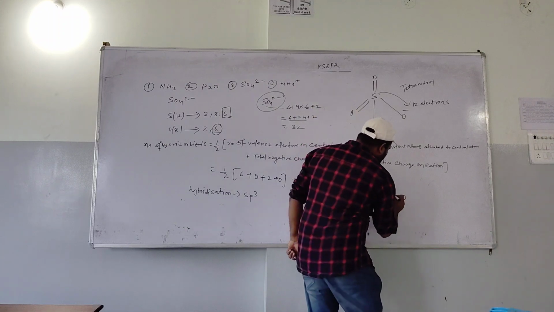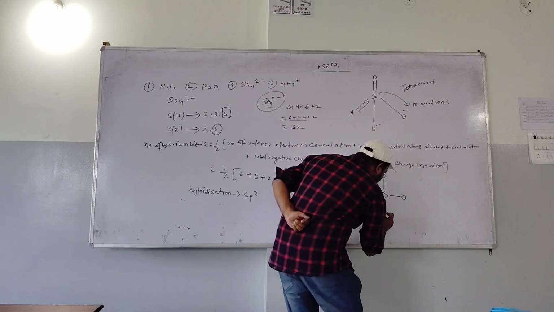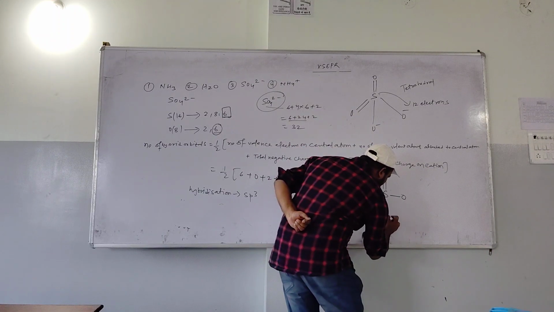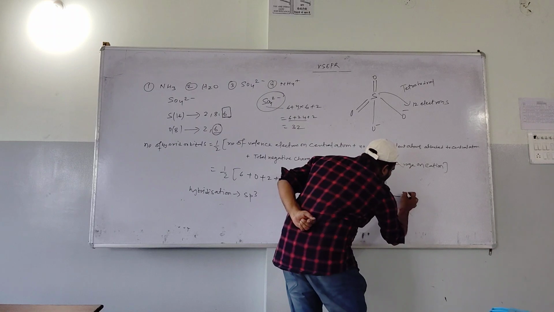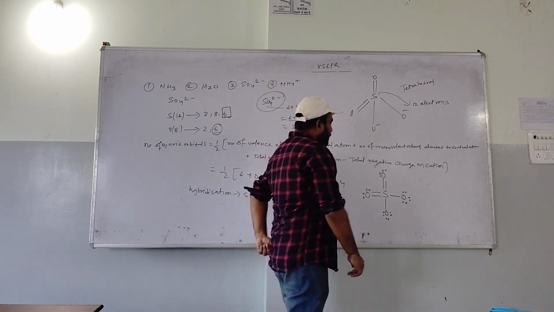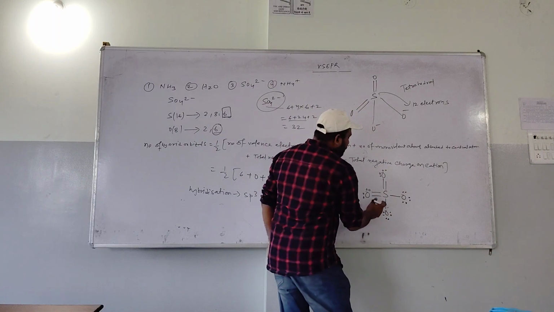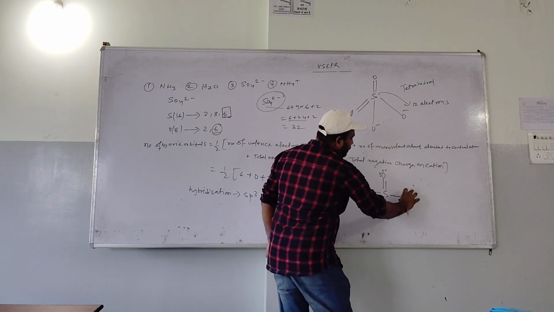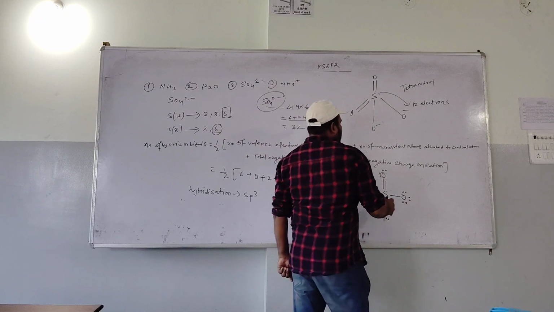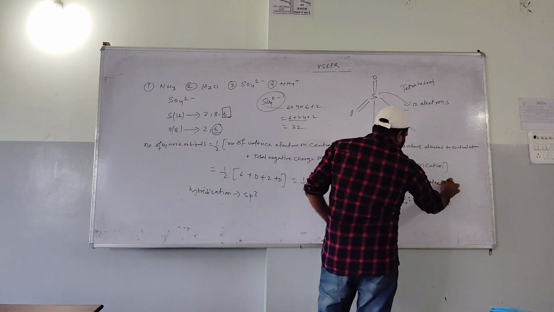So one bond with oxygen and one bond with the other oxygen. Now it has 1 2 3 4 5 6, 3 lone pairs. Okay, now come the atoms. Number of electrons 4, 10, 6, 16. Okay, so 32 electrons have been used.